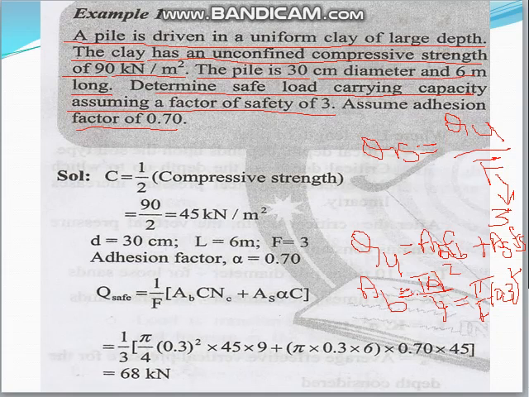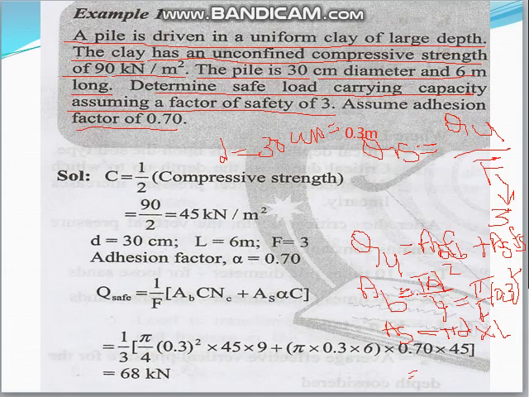The surface area of the pile, AS, is equal to, I told you, perimeter into length. Perimeter is nothing but pi into D, into length. We know that the diameter of the pile is 30 centimeter, so D is equal to 30 centimeter, which is 0.3 meter.